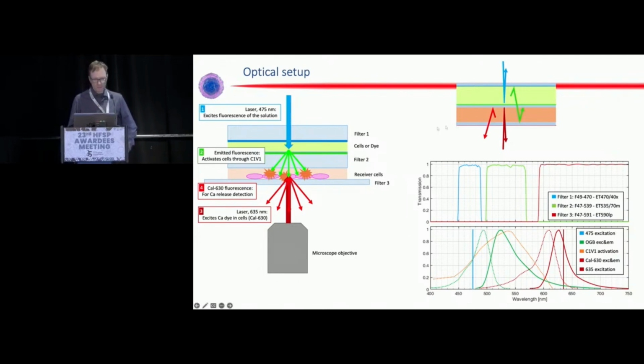This has to be designed quite carefully because we have a number of wavelengths that we are using for excitation. This is in green for excitation of cells, and then we need to do calcium imaging. At the end, Hyun will talk about how this will be integrated together.